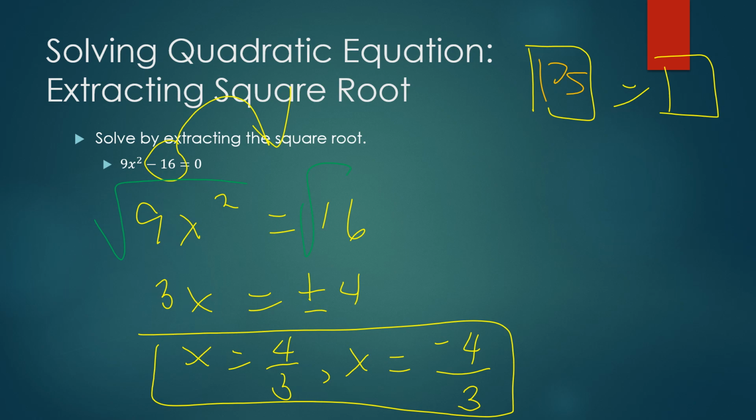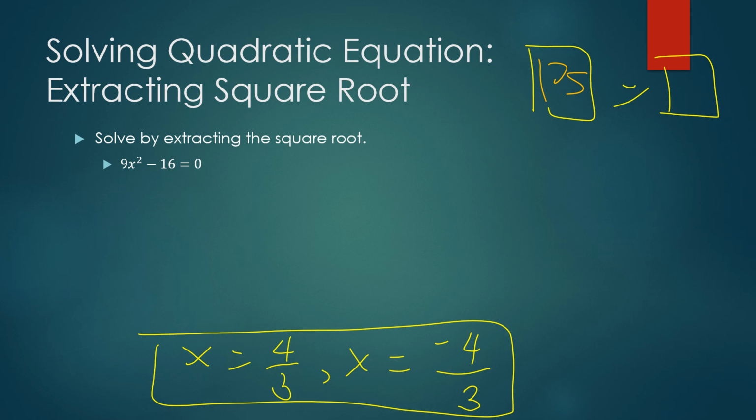You can also have it this way. Let's just compare the answers. Let me repeat what we did a while ago: 9x squared equals 16.